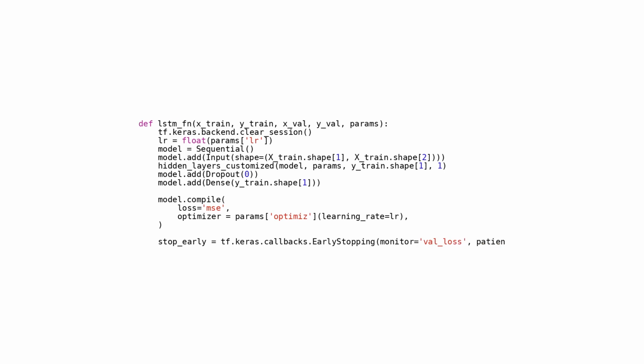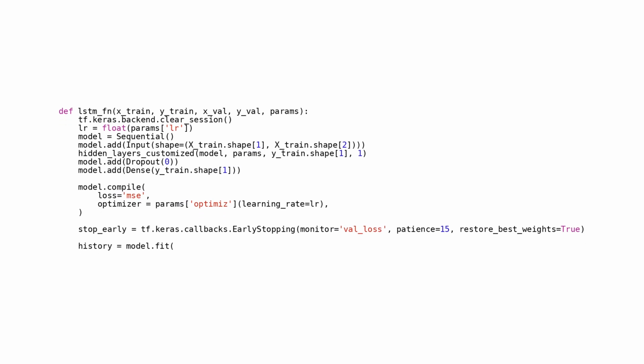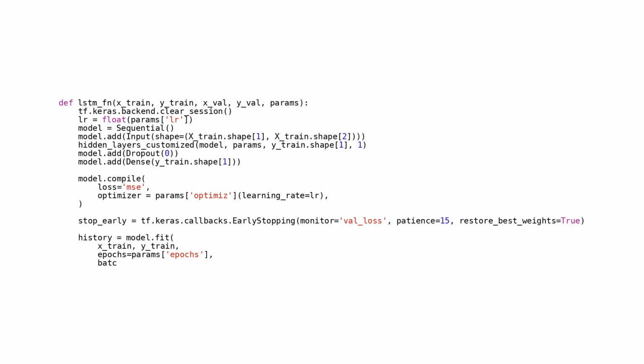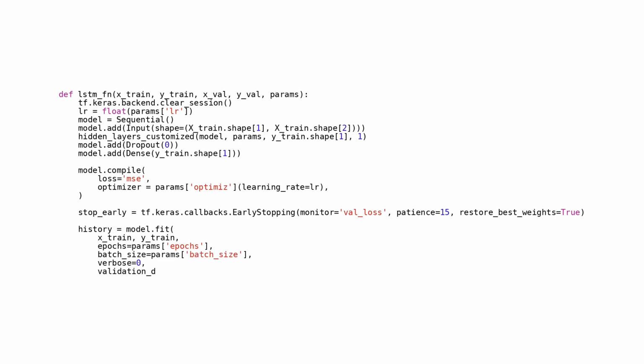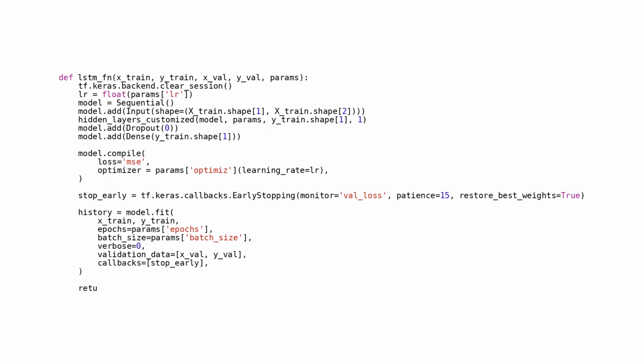To train the model, the mean squared error loss function is utilized along with a specified optimizer using a designated learning rate. During the training process, early stopping is used to avoid overfitting. Once training is complete, the training history and the trained model are provided as output.